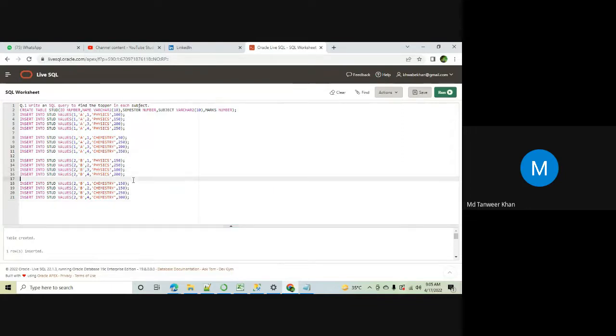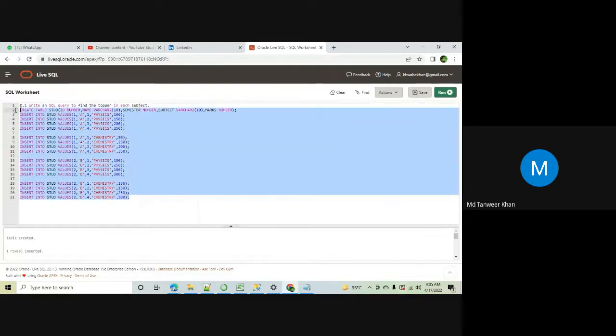If you solve this question, you will think that many ways are there to solve it. But why have I given this question? So that you should practice it using union all, minus, and rank, like whatever I taught yesterday. That's the purpose.